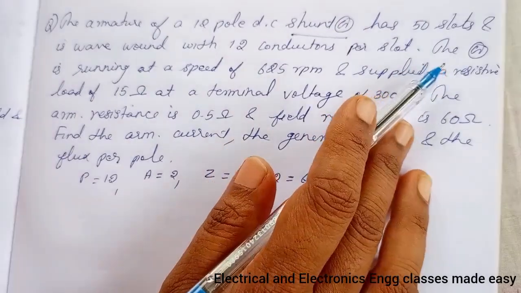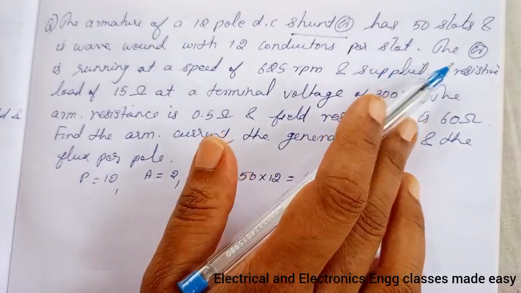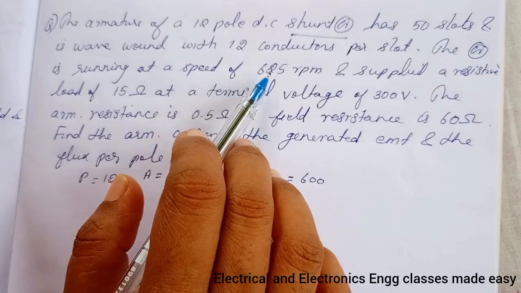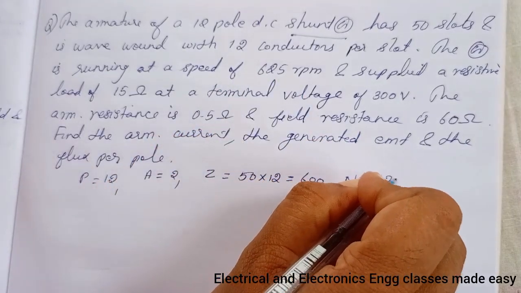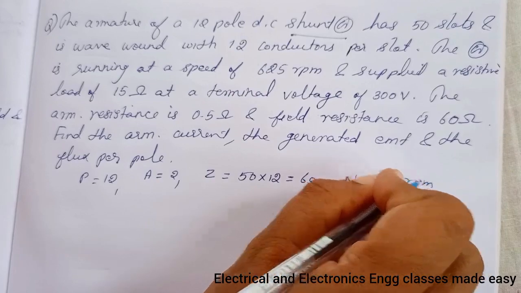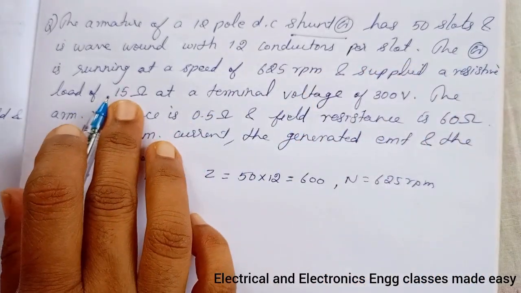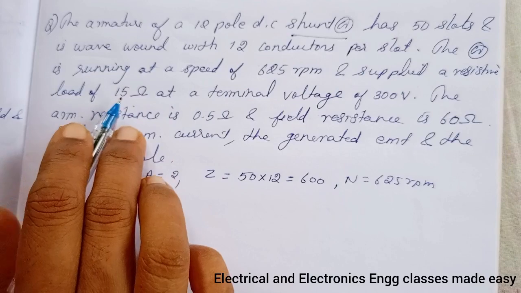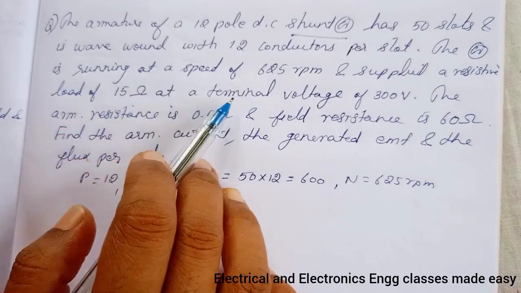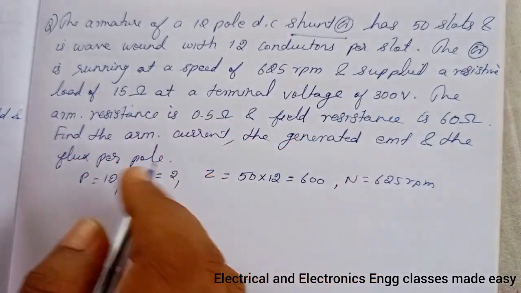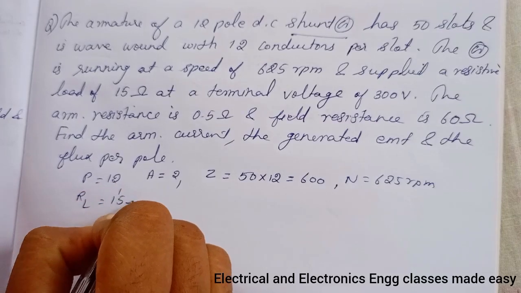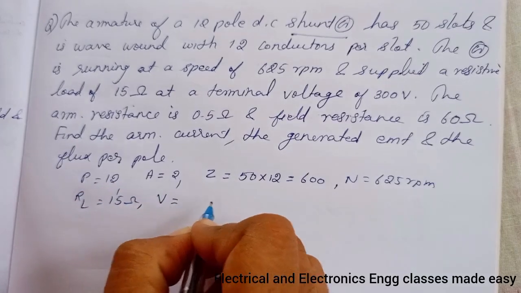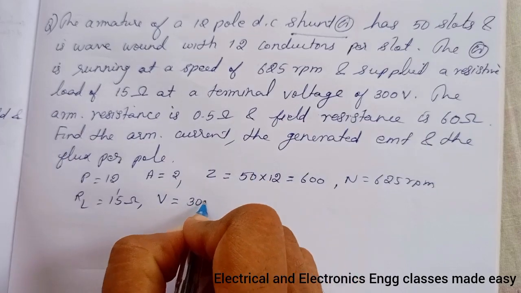Then the next data given is the generator is running at a speed of 625 rpm, that is speed N is 625 rpm. Then resistive load of 15 ohm at a terminal voltage of 300 volt. So the load resistance RL is 15 ohm and terminal voltage V is 300 volt.